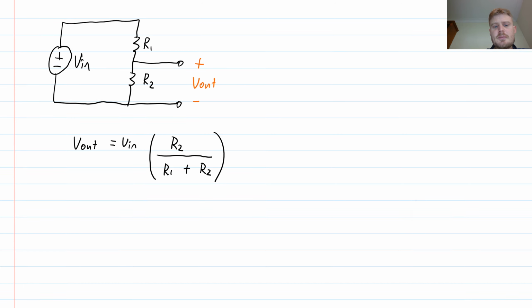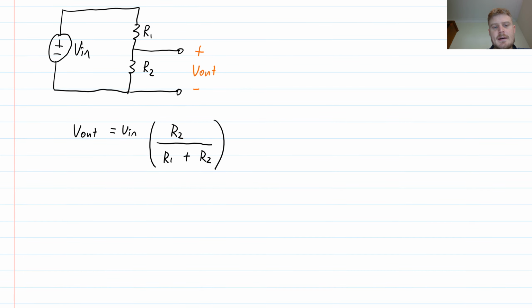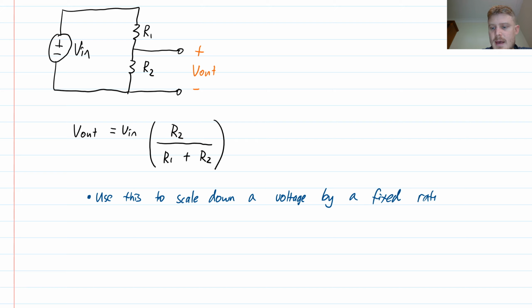And so this is useful because what I have here is a linear relationship between input and output voltage, and I use this to scale down a voltage by a fixed ratio or a fixed amount.